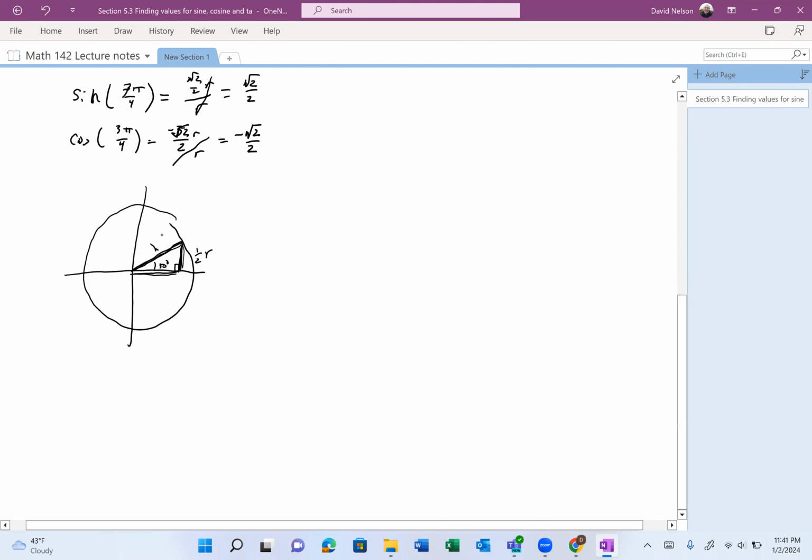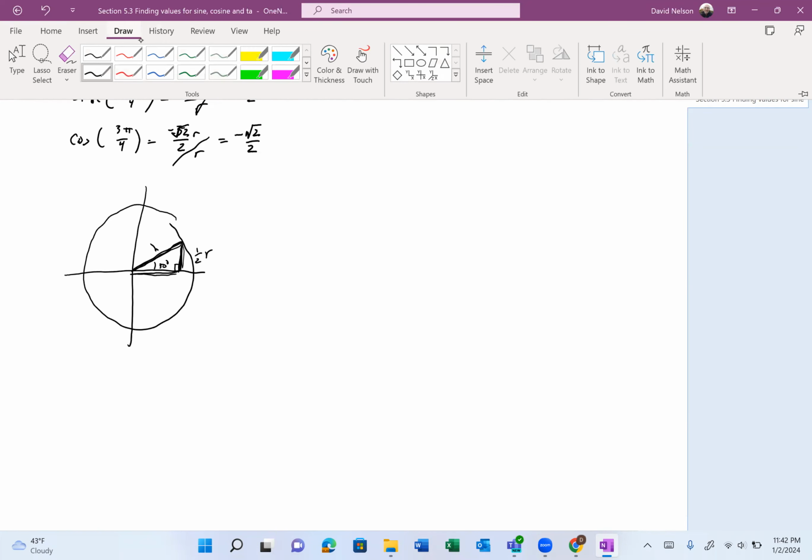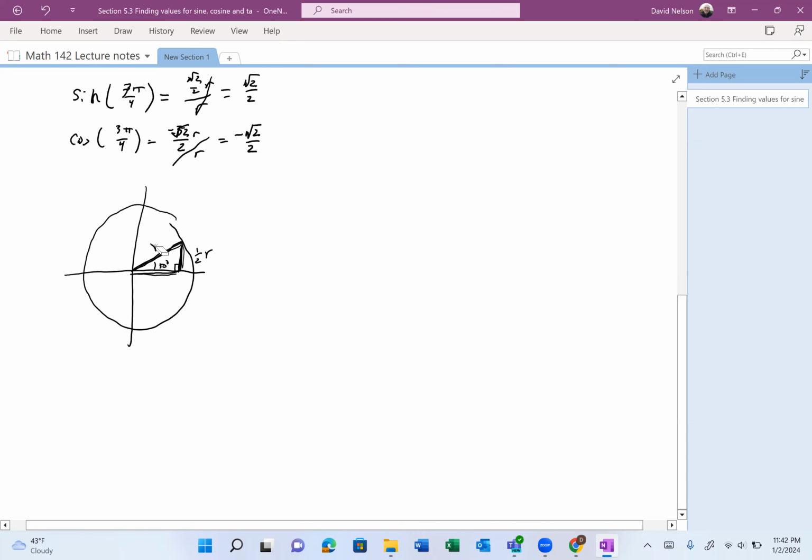So the hypotenuse here, in this case, is r. So this is a special angle where we can work with that. If your hypotenuse is r and I'm looking at a 30-degree angle, the side opposite that 30 degrees is 1/2 r. Of course, I'm placing that right triangle inside the unit circle.